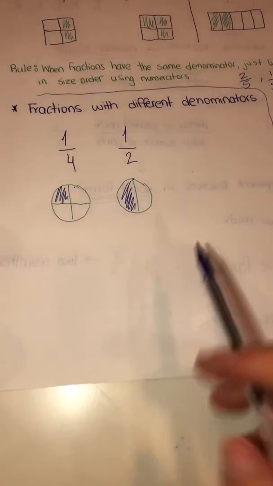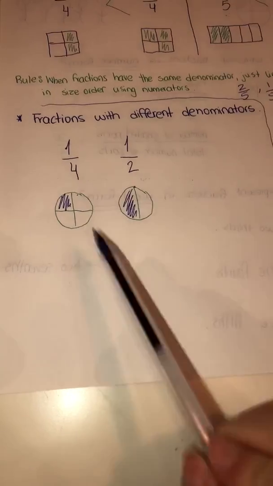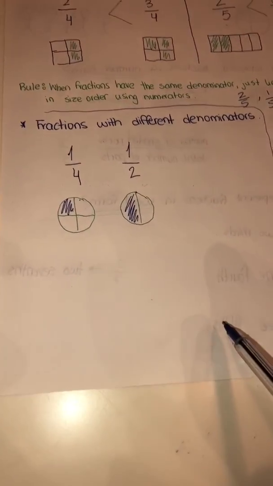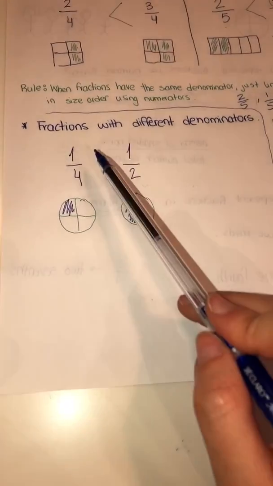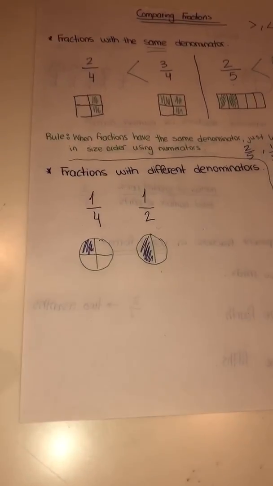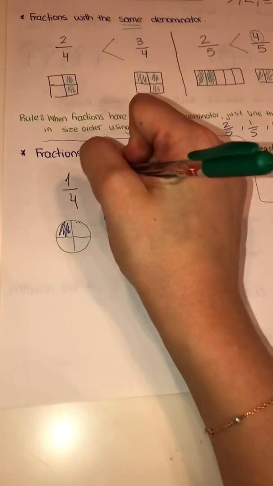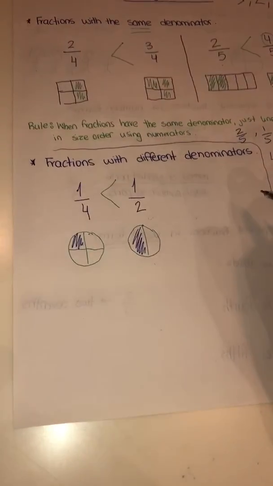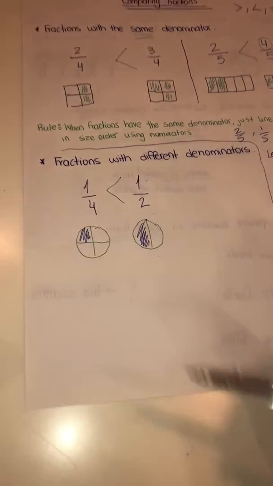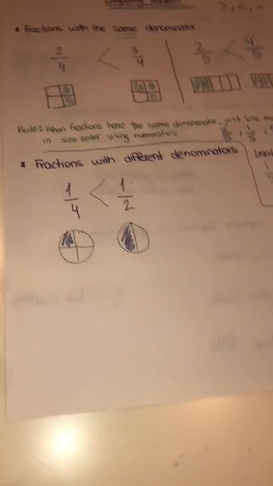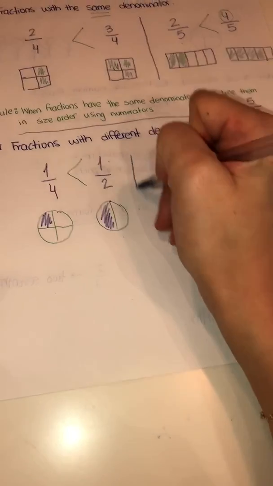Which fraction do you think is bigger? Which has more shading in it? It's this one. 1/2 is bigger than 1/4. So I place this crocodile sign because the crocodile eats the bigger number. Let's see more examples.